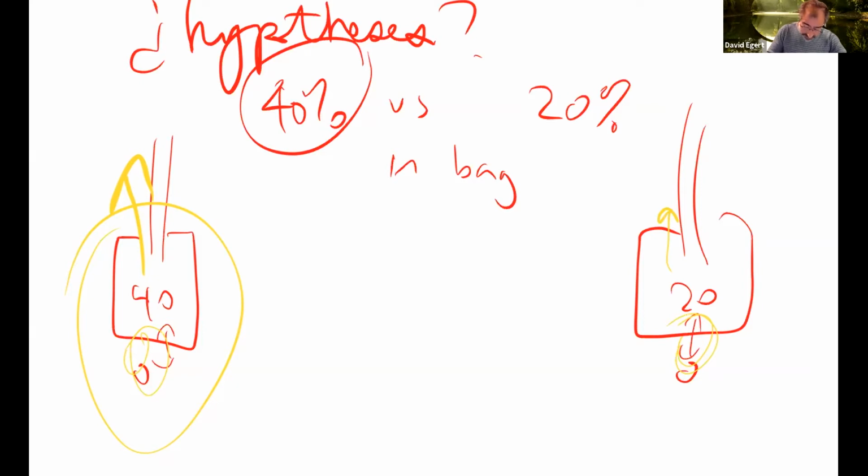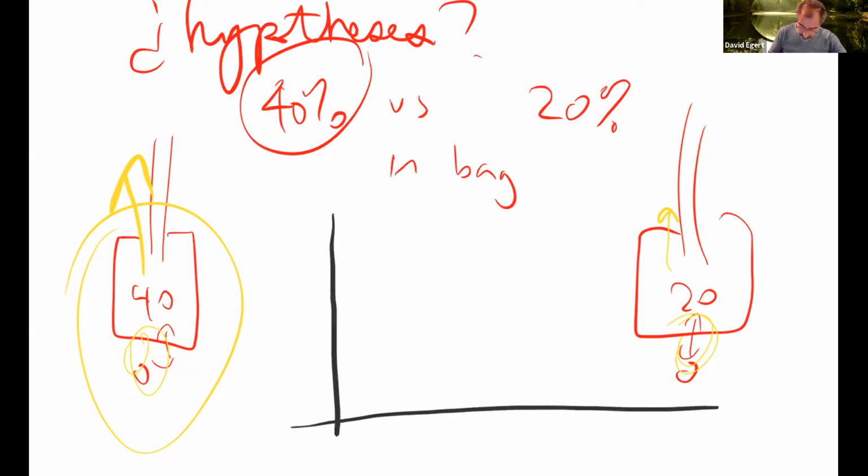If I want to take it one step further and look at time versus rate, as time goes on, let's say the 40% when we first start is going to be some value.